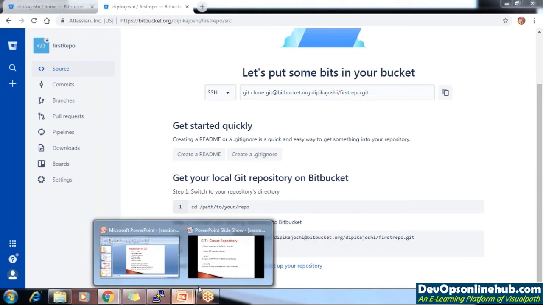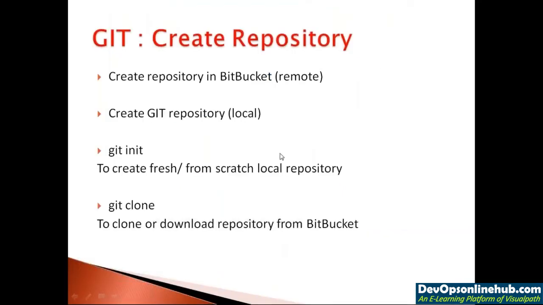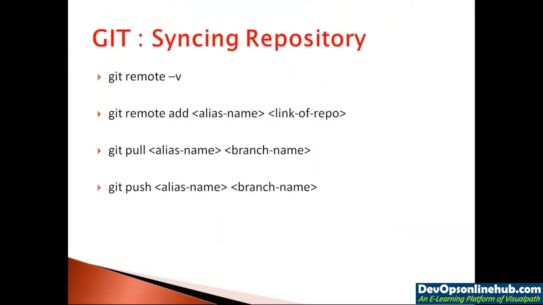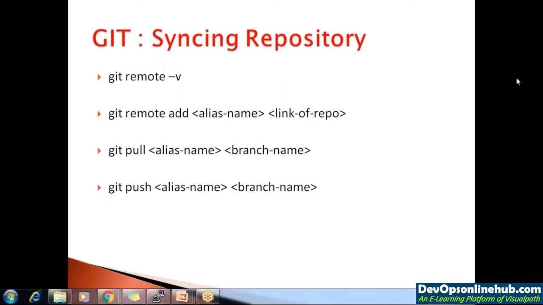So we can quickly check. Yeah, so we covered git init and clone. After that, remote. Just as I said, git remote add alias name, and you can add the remote alias for the URL to your local system, which will be used in further commands.